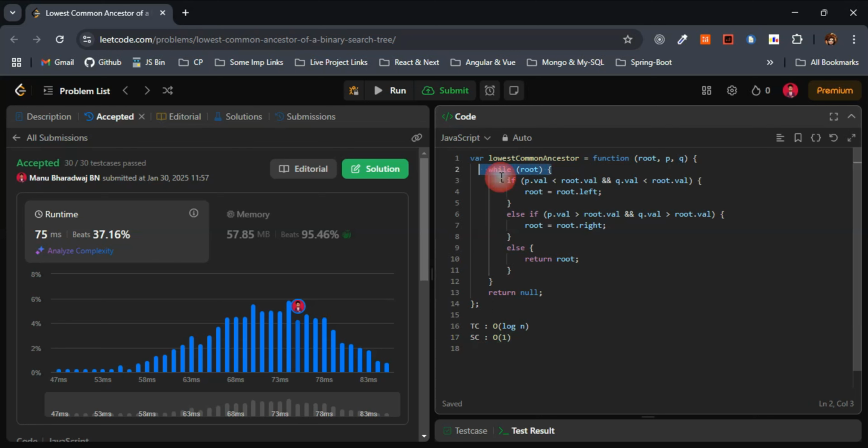We are going with the approach of iterative BST traversal, making use of the binary search properties, as we are dealing with a binary search tree. So the overall time complexity would be big O of log n, because we are considering the height of the BST in a balanced tree. And the space complexity is big O of 1, because we are not making use of any extra space since we are using iteration.